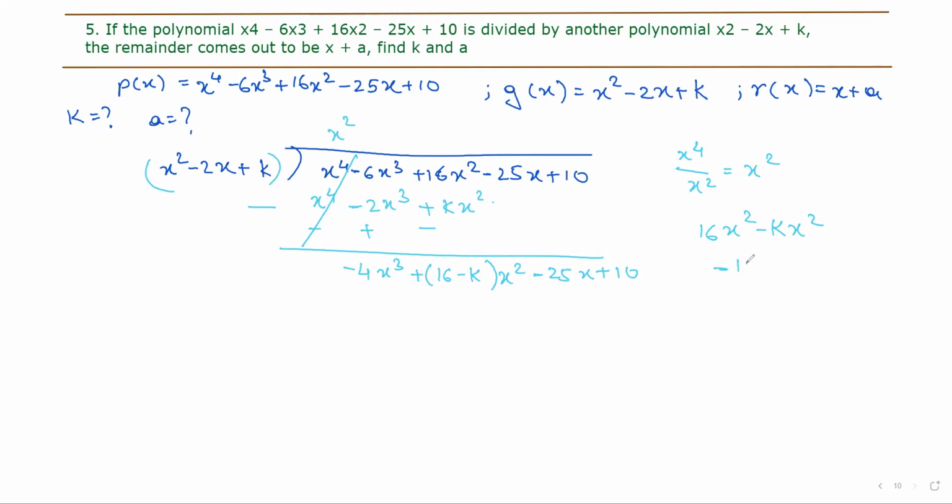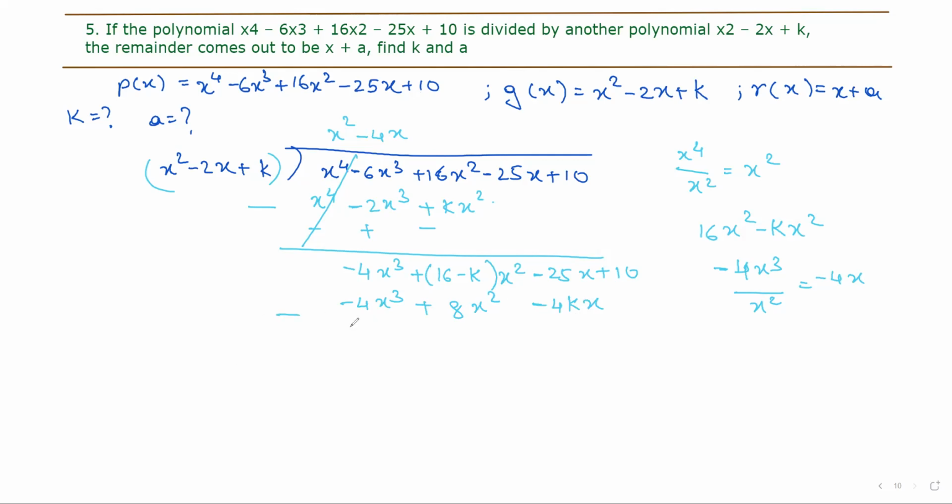Again, the same procedure: minus 4x cubed divided by x squared, we're left with minus 4x. Multiplying this by g of x, minus 4x cubed, minus 4 into minus 2 is plus 8x squared, minus 4x into k is minus 4kx.